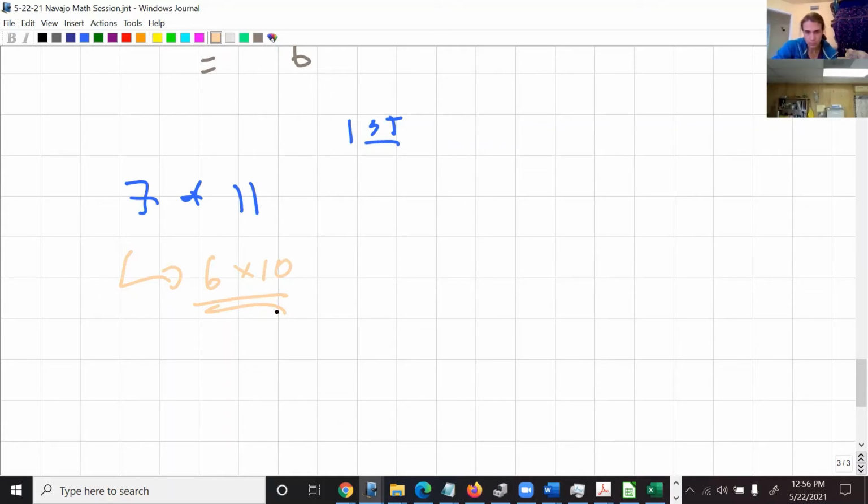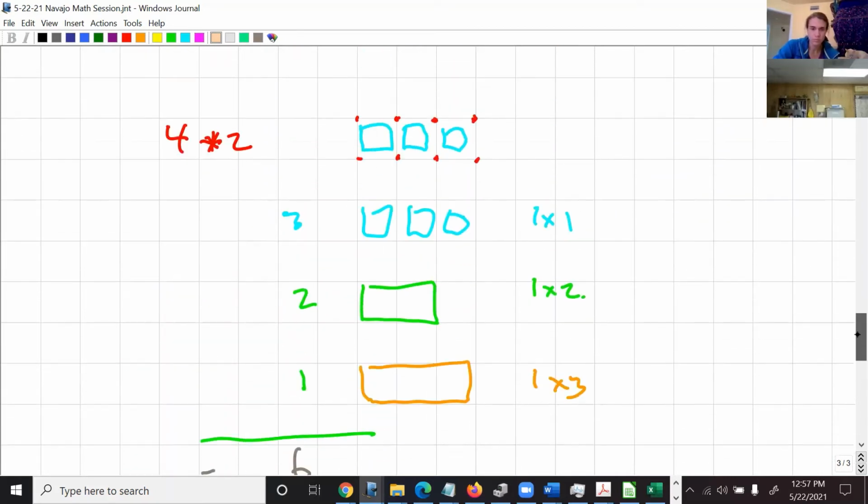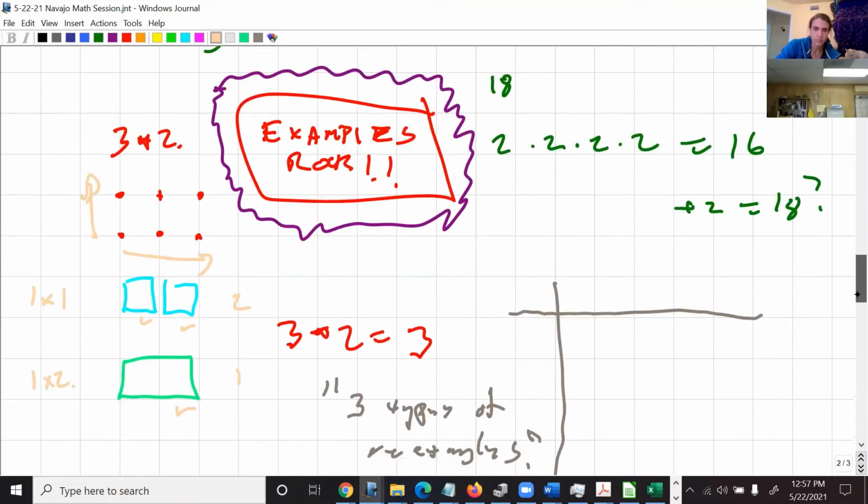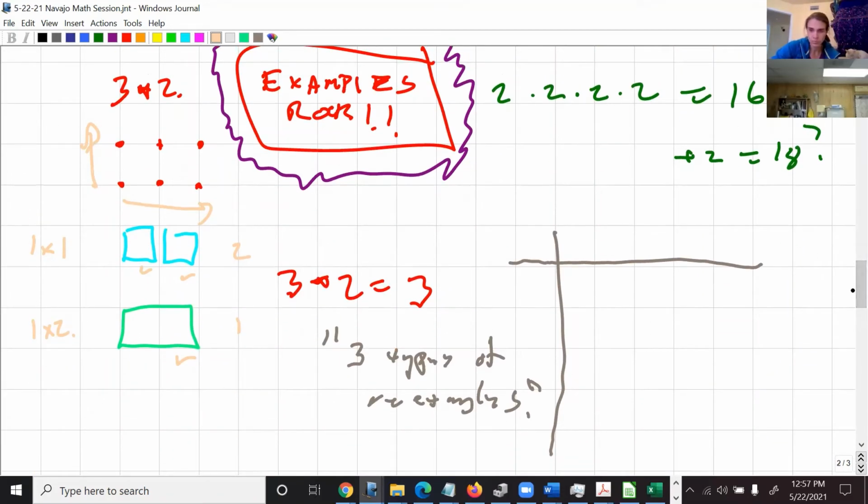Is there something? So Priscilla's adding, I would add 7 plus 11 to come up with 18. 3 star 2, I would get 5 rectangles we're seeing from Priscilla. So I'm getting some comments here that we need to address. So Priscilla, how did you get 5 rectangles? We drew out the rectangles.